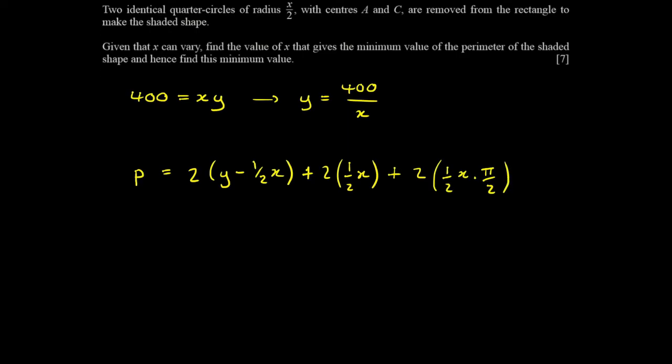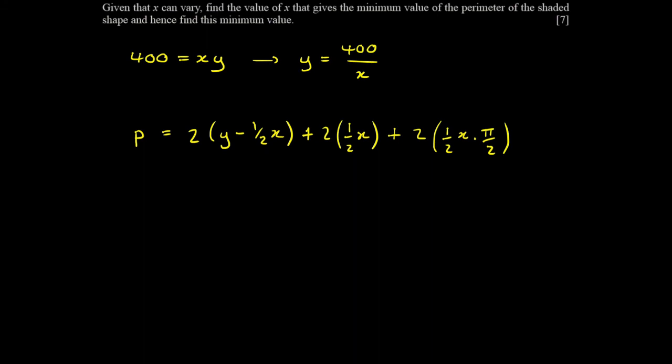Now, I think we can probably expand all this. So let's expand it. I'm going to get 2y minus x plus x, plus a half pi x, because a half times a half is a quarter, times 2 brings me back to a half.